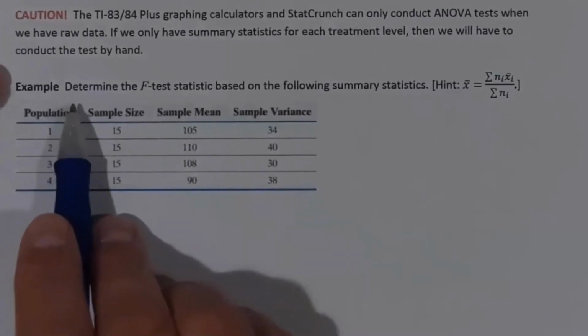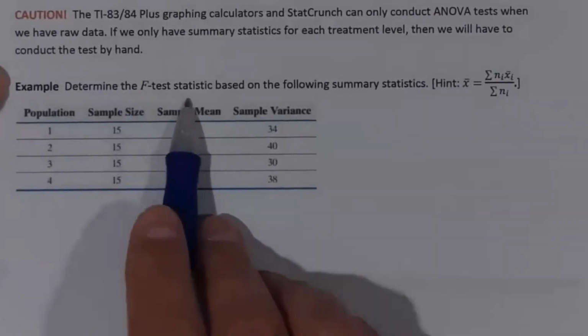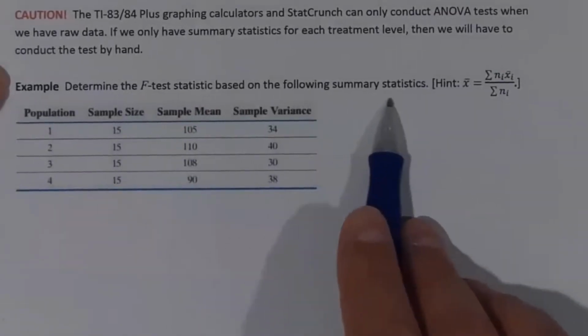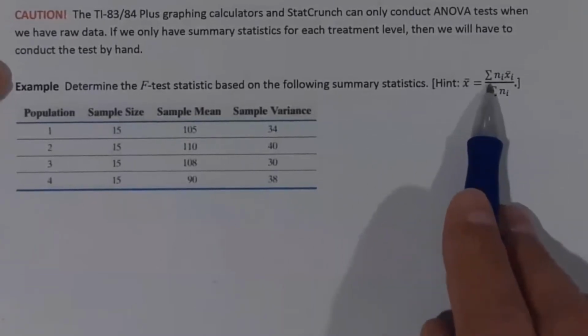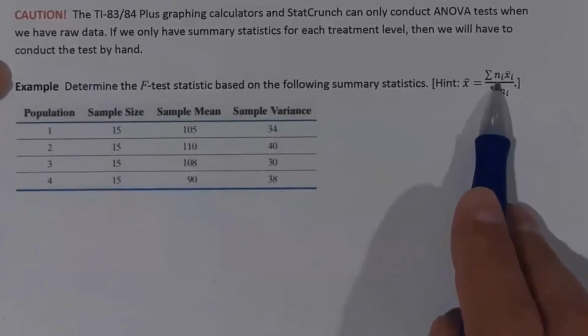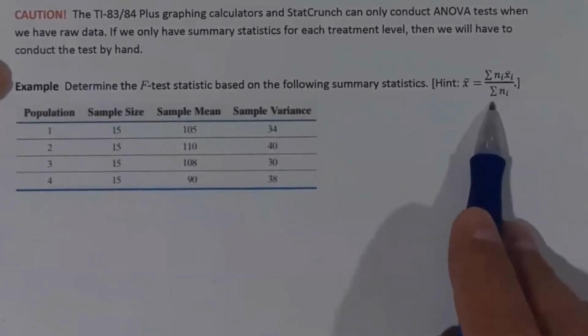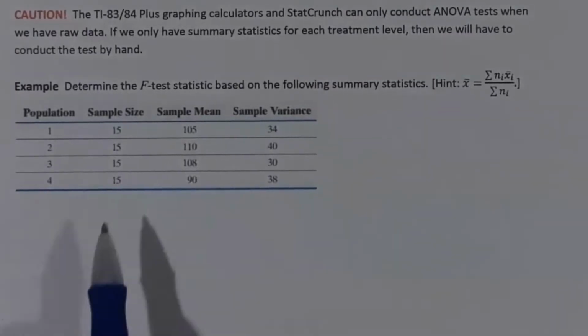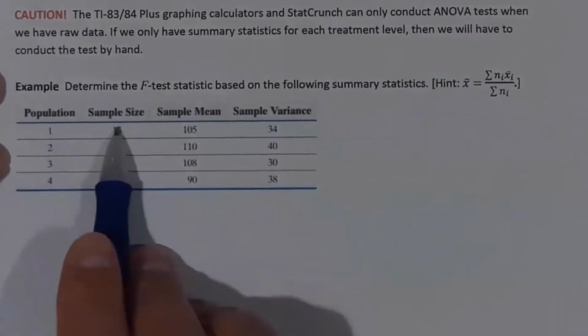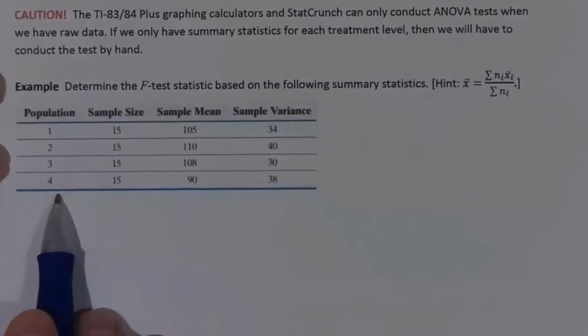So for example, determine the F-test statistic based on the following summary statistics, and then hint: X bar is equal to the sum of n sub i times X bar sub i over the sum of n sub i. So in this particular case, we are comparing 4 different populations.